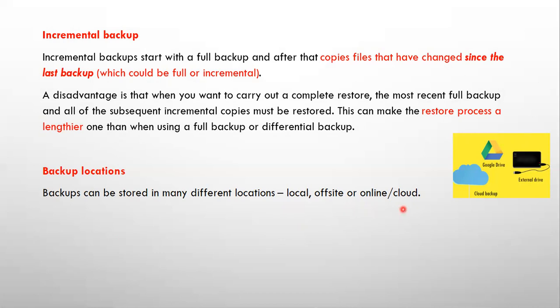So if anything happens to your hard drive, for example, or the location of your computer, if it's offsite, then your information is still safe. Offsite means not at the same site where your current information is. So you're backing up and storing at a different site.